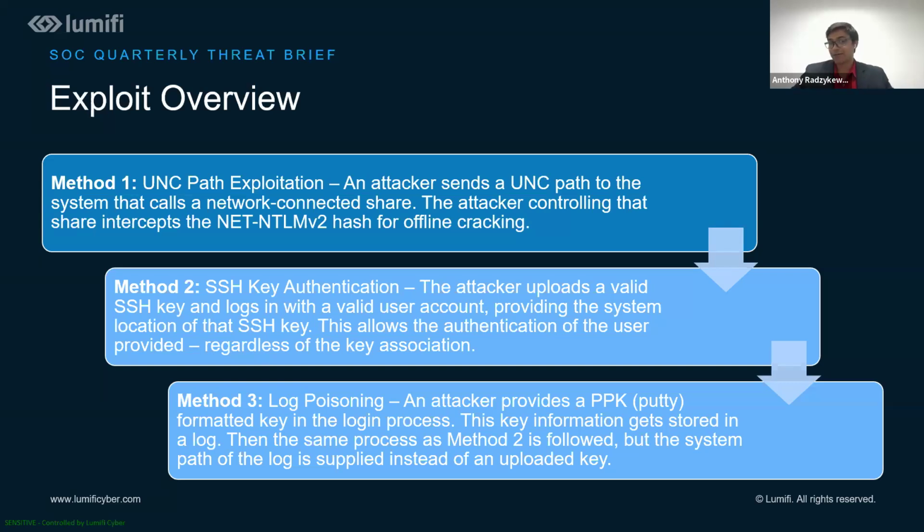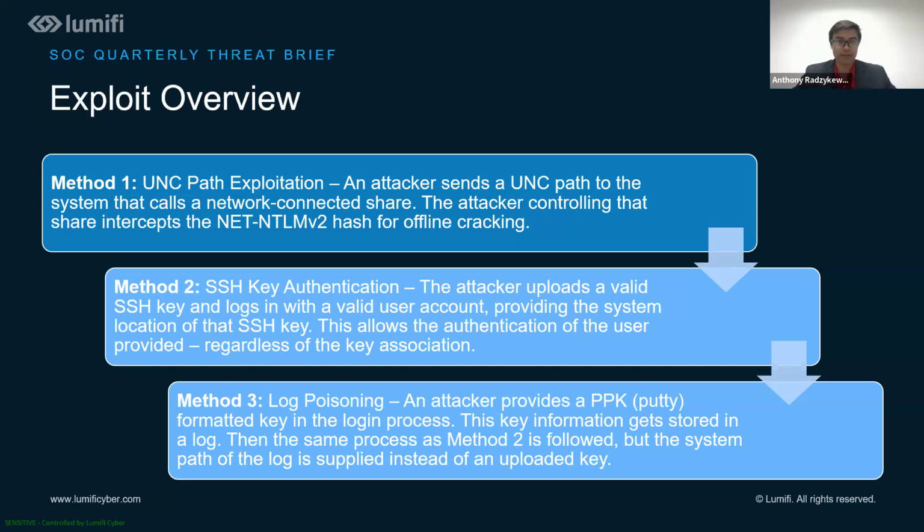We have the same exact requirement of having a valid user on the system, right? Lots of different ways to do that, as I said. However, I don't need any rights at all with method 3. And this is really tricky. Notice in method 3 here, we're going to do something called log poisoning.